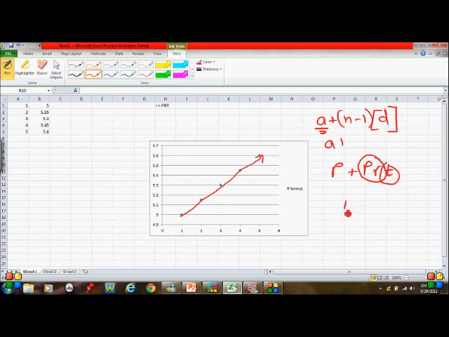So if T is 1, then you add PR once. If T is 2, you add PR twice. If T is 3, you add PR 3 times. So PR plus PR plus PR, 3 times. That's common sense, it's multiplication. So to P, we're adding this constant, and it's increasing by a constant amount.